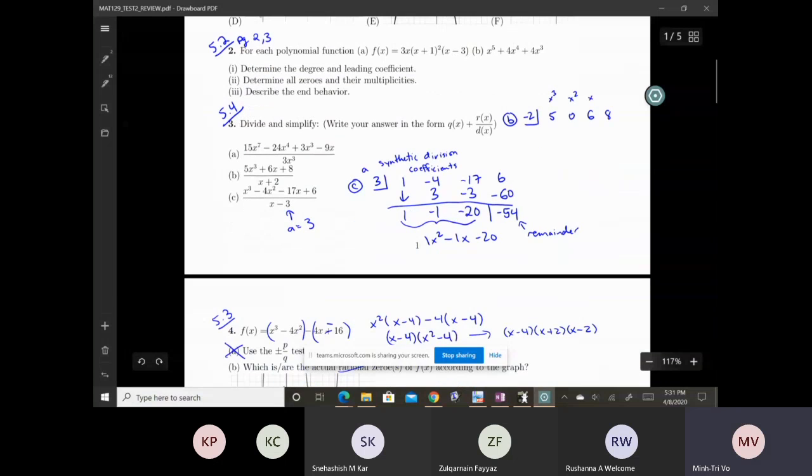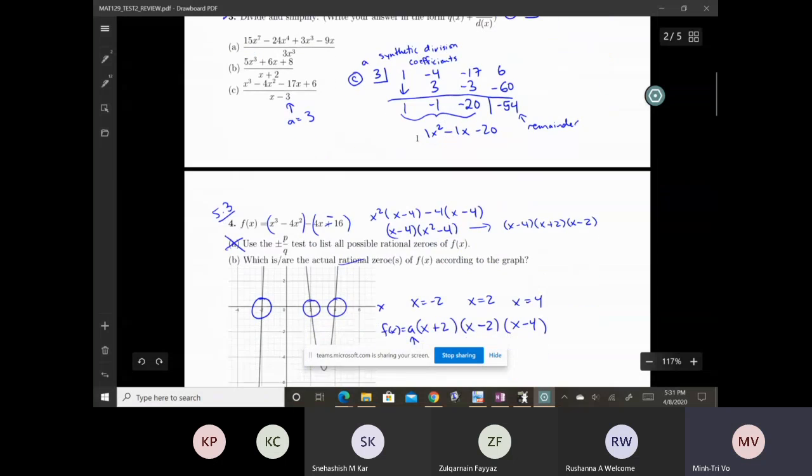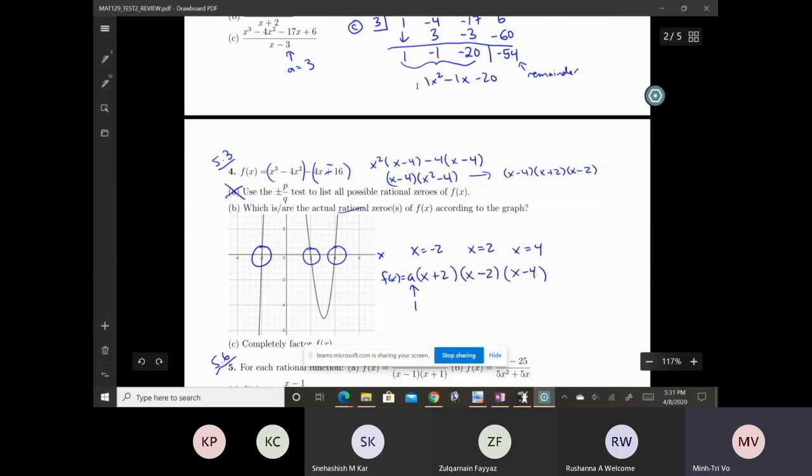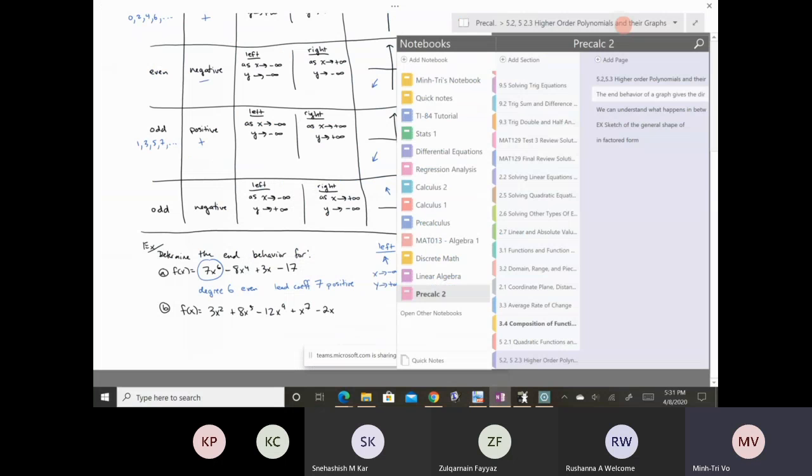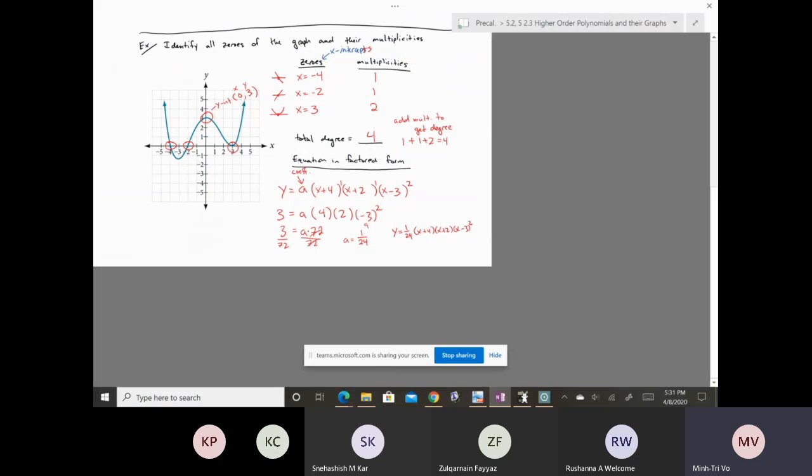And 5.4, look up pages 1 and 2. Where was this example from? This was at the bottom of page 4.